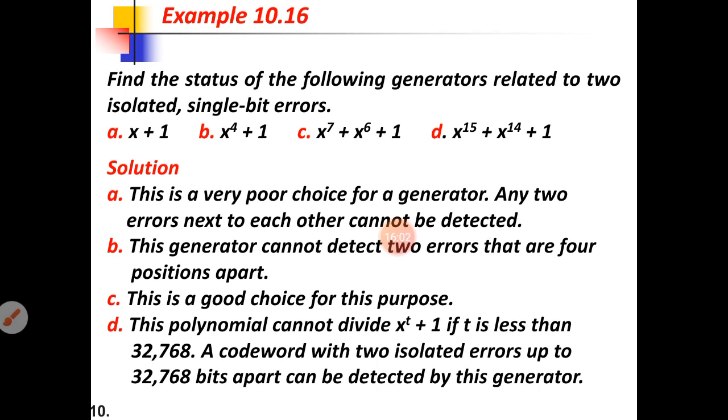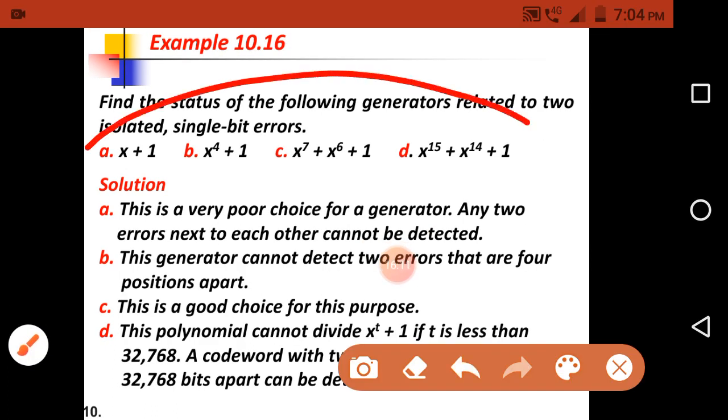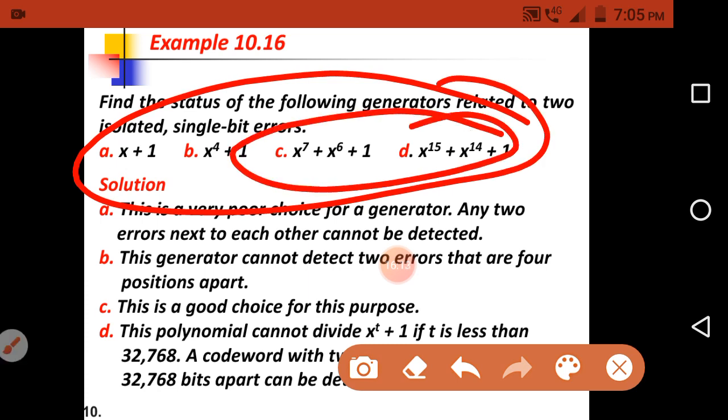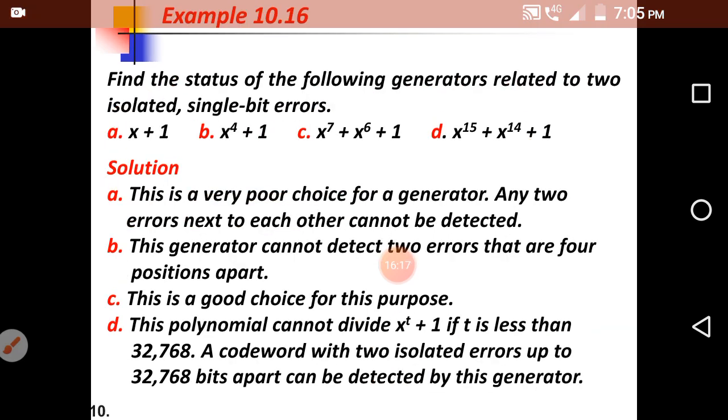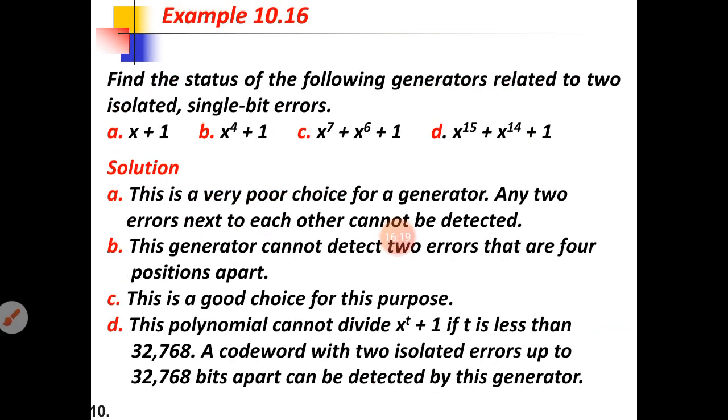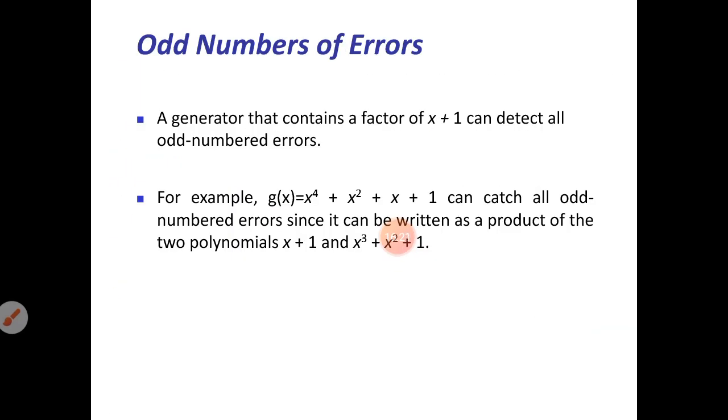So a code word with two isolated errors up to x bits apart can be detected by the generator. Among these four generators, only two can detect two isolated errors. So this is a problem on the two single bit errors.